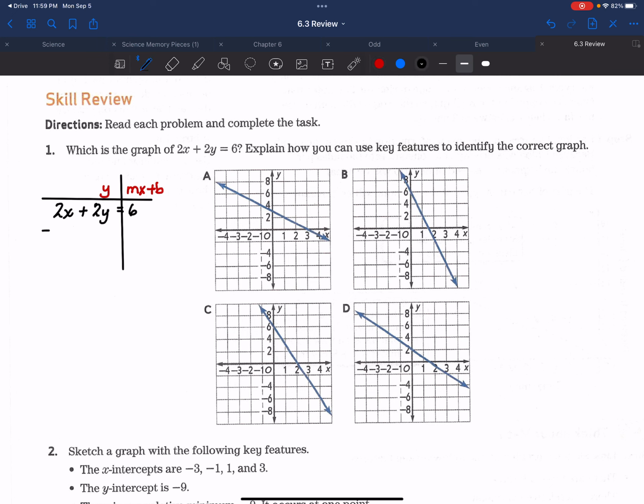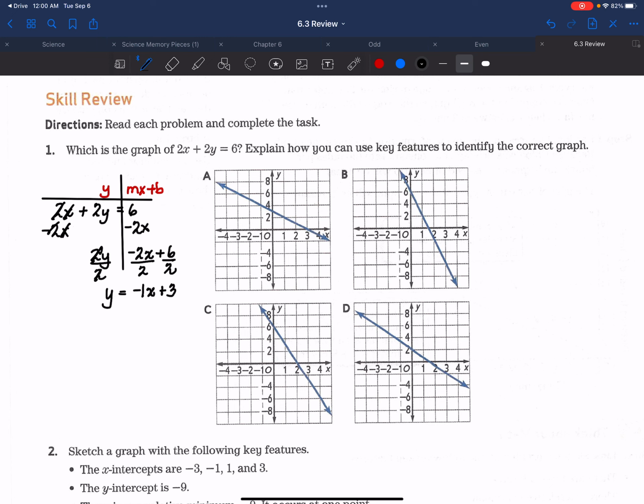We need to move the 2x. As soon as I did that, I ended up with a negative slope. So just by getting it in the proper form, things changed. Divide by 2. So y is negative 1x plus 3.